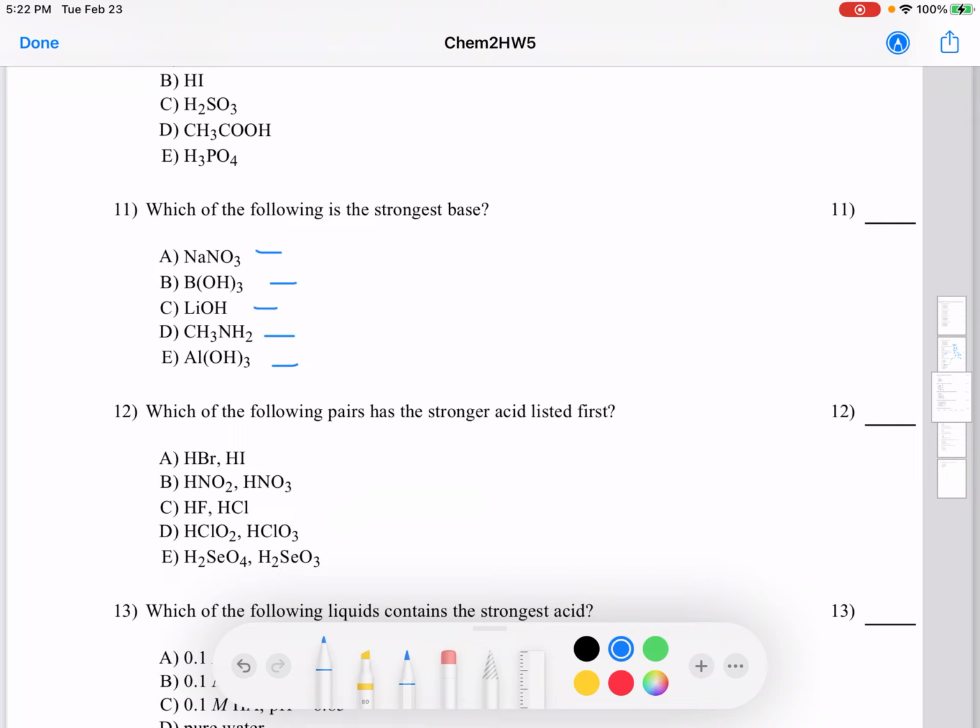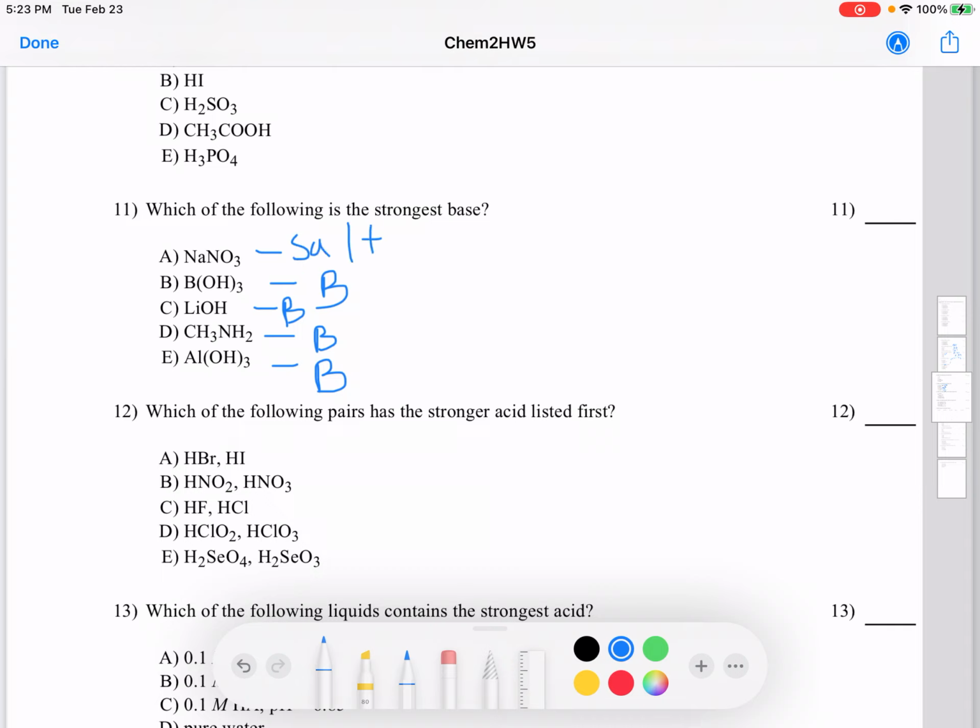Which of the following is the strongest base? Now, sodium nitrate is a salt. It's not a base. Boron hydroxide is a base. Lithium hydroxide is also a base. This is a base, this is a base, this also a base, this also a base. And this is a salt.